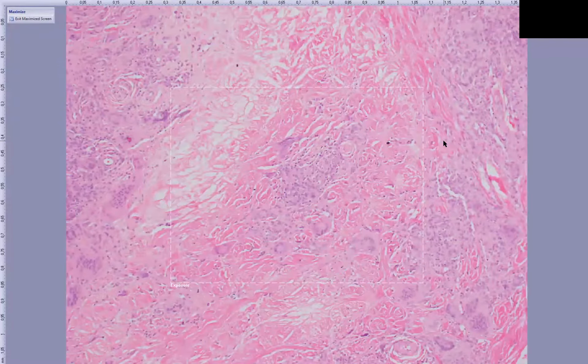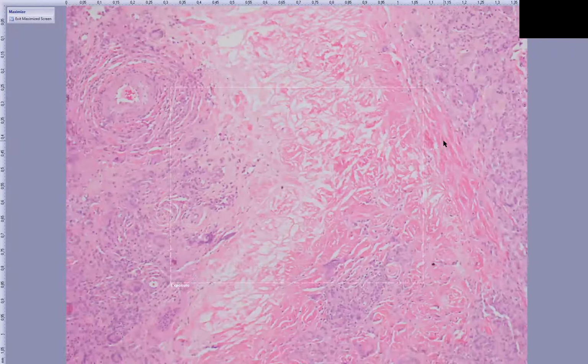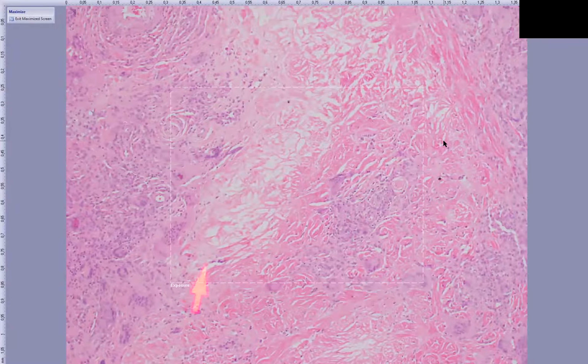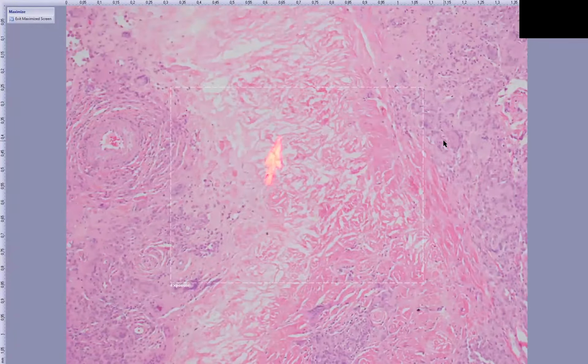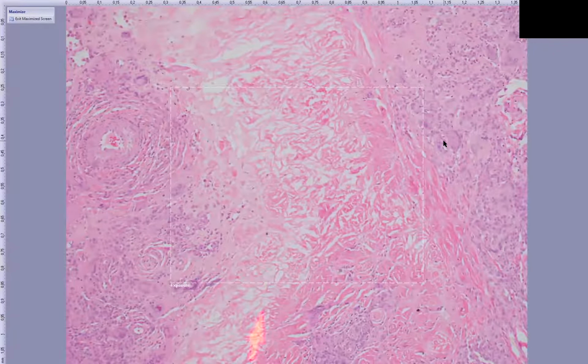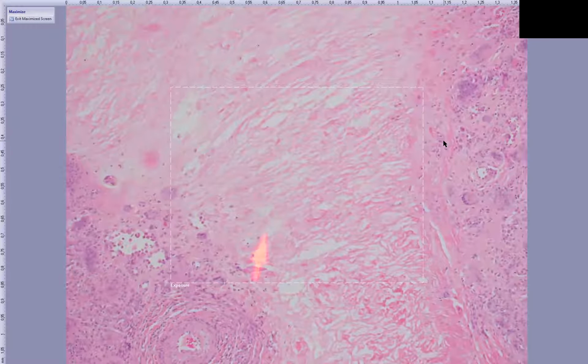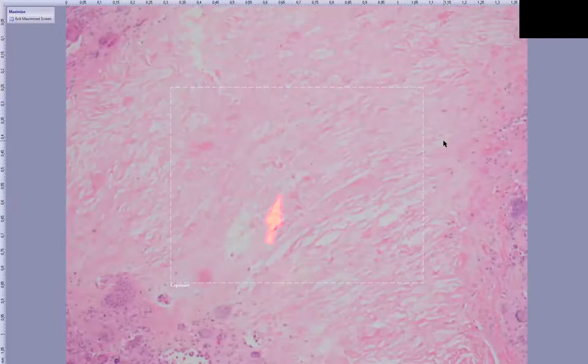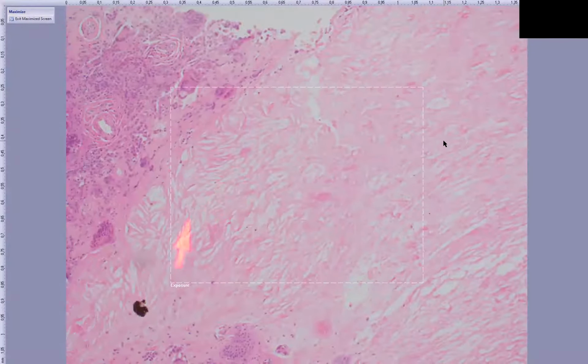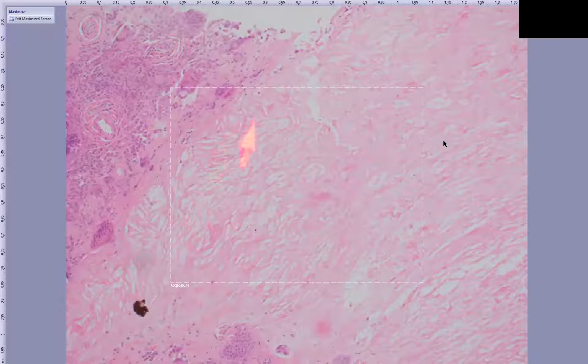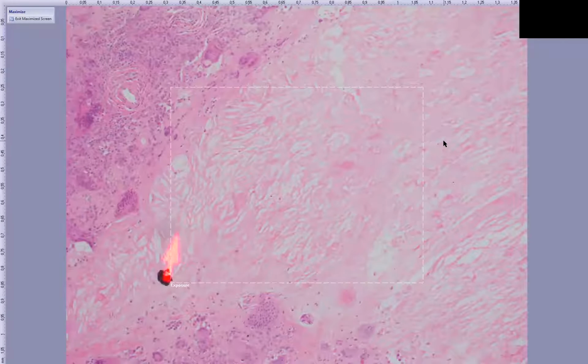But hopefully you can appreciate that there are these zones of collagen necrobiosis or collagen degeneration, where you have more of a paucicellular appearance, kind of has some pallor to it, and there's some increased white spaces, almost shaped like clefts. So these are called those cholesterol clefts that are classic for necrobiotic xanthogranuloma.